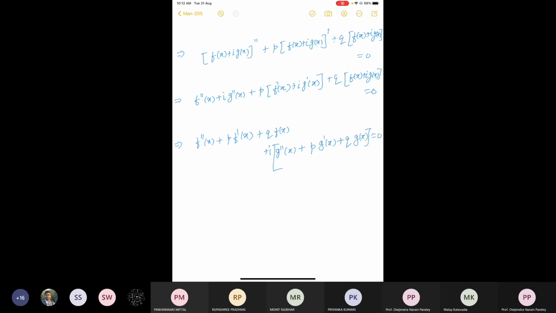0 can be written as 0 + i0. So it means that if this quantity is equal to 0, then its real and imaginary part themselves will be 0.